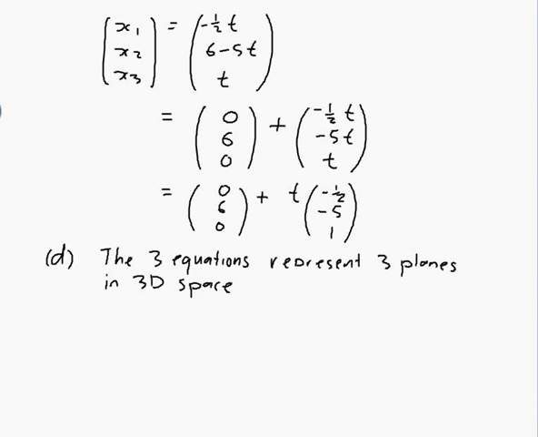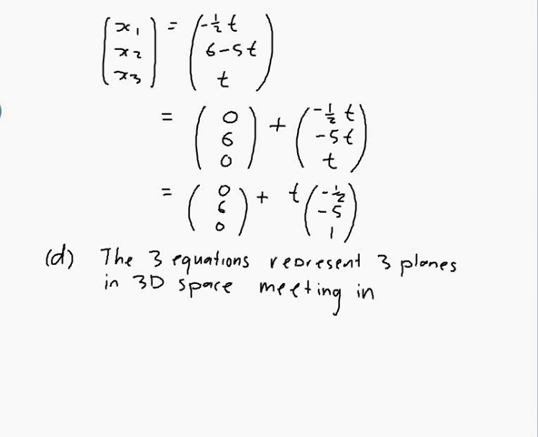And a point which satisfies one equation would be on one of the planes. A point which satisfies all three equations will be on all three planes. So the solutions would represent the place where the three planes intersect. So the three equations represent three planes in 3D space meeting in, well, they have to meet somewhere. They meet in the set of points, which is the set of solutions.